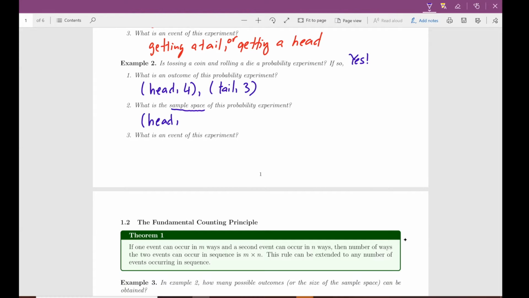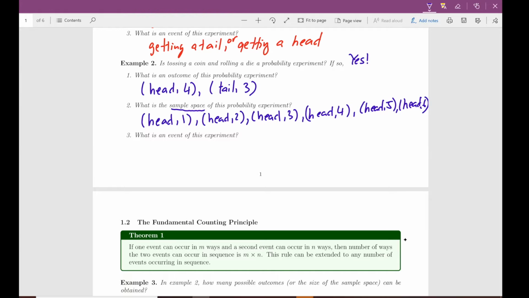So for a head, you can get 1, 2, 3, 4, 5, 6. Okay, so you get head 1, 2, 3, 4, 5, 6.